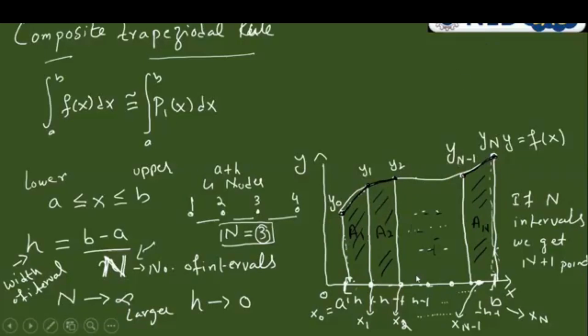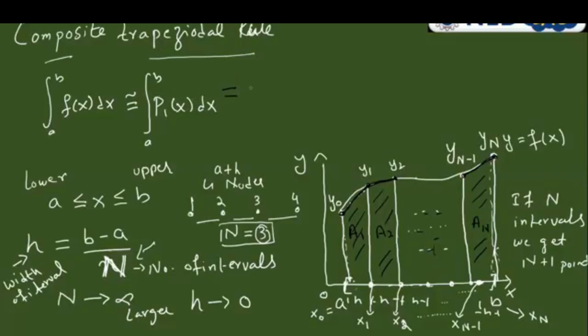This strategy, what I have done here, is called composition. You have one interval, and you divide it into smaller intervals to form a composition, and then you say the area is totally represented by the sum of them. How we get the formula is very simple. I'm writing it in black color here.